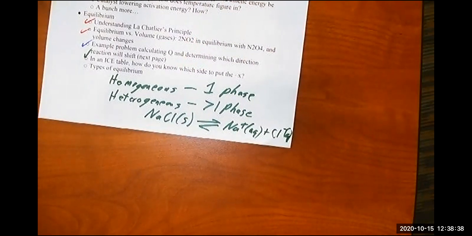Okay, is it possible to make a bunch of practice problems with ICE tables? Absolutely, we can do that. I'll tell you that there are some ways that you can kind of easily make some for yourself, but I will absolutely come up with some as well.